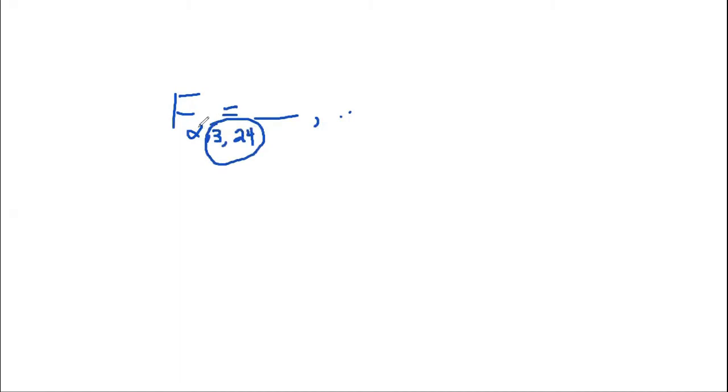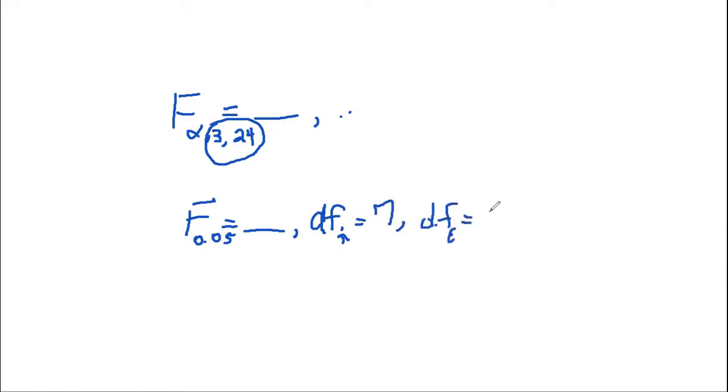Or you could, on the other hand, write this as this. So 0.05 equals some number, and you could say degrees of freedom treatment equals whatever, making up numbers here, degrees of freedom error equals 22, and you'll always want to throw in your exact p-value unless it's absurd.